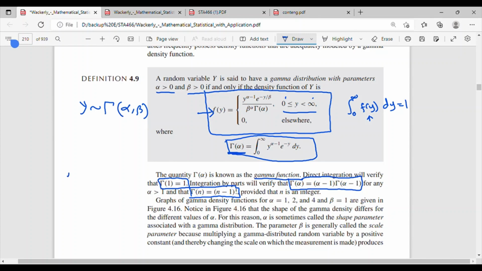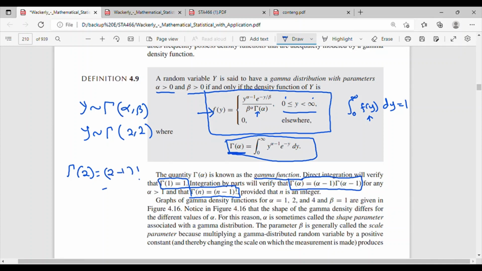For example, let's say alpha is 2 and beta is 2, so the parameters of the gamma distribution are 2 and 2. Here we will get gamma of 2. If we want to integrate to get the value of a probability, for example, we need the value of this part, which can be 2 minus 1 factorial.